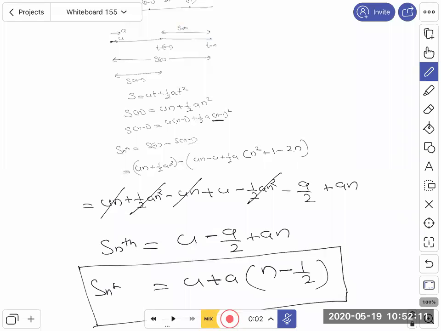Sir, can you please repeat? Displacement in the nth second is equal to displacement in n seconds minus displacement in n minus 1 seconds.